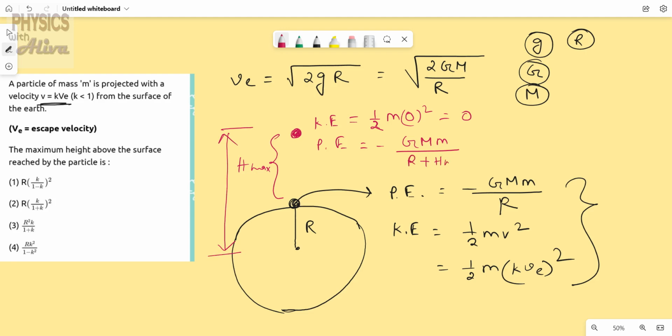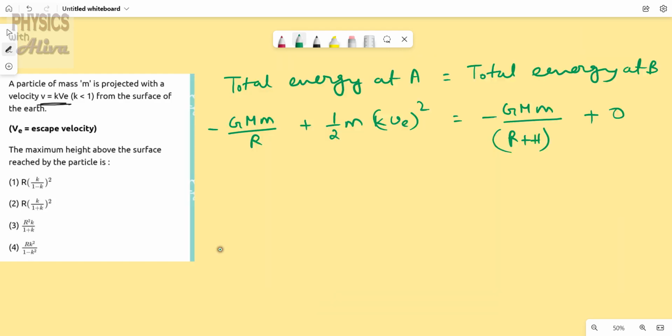So this is the total energy at this position. Suppose this is position A, this is position B. According to the conservation of energy, the total energy at position A should be equal to the total energy at position B.